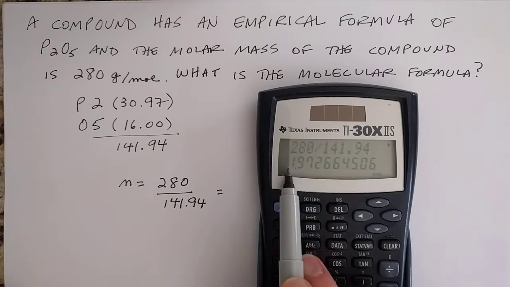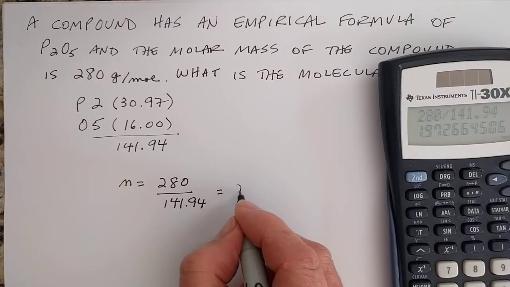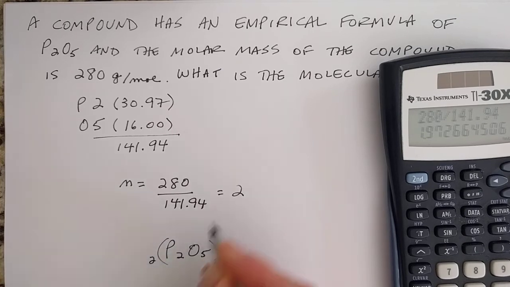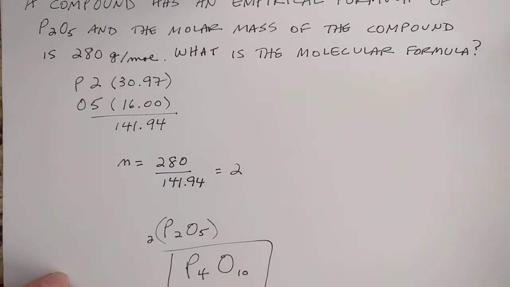That rounds up to a 2. It's very, very close to 2, so we're good with that, because a lot of times this is experimental data, so that is fine. Okay, so now we take our P2O5 empirical formula, multiply it by the n factor, and we get P4O10. Awesome.